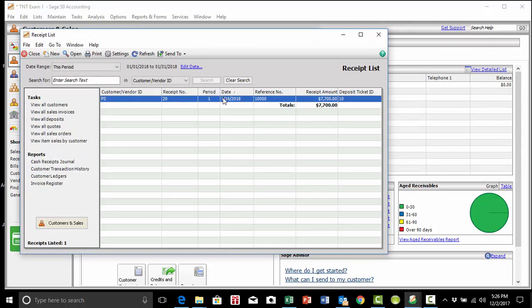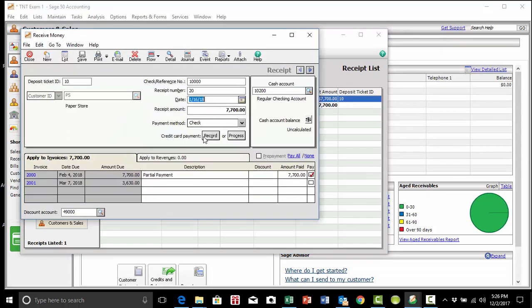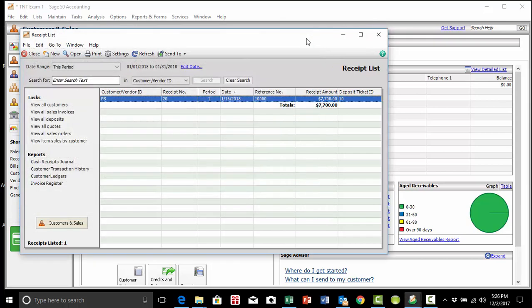And this is the entry. Double click on it, and you see this is the entry. Okay, so we received $7,700. We put it in the amount paid, and gave you all the reference numbers and so on. So this is where this entry went. $7,700. We received money. Okay, something that we've done before.